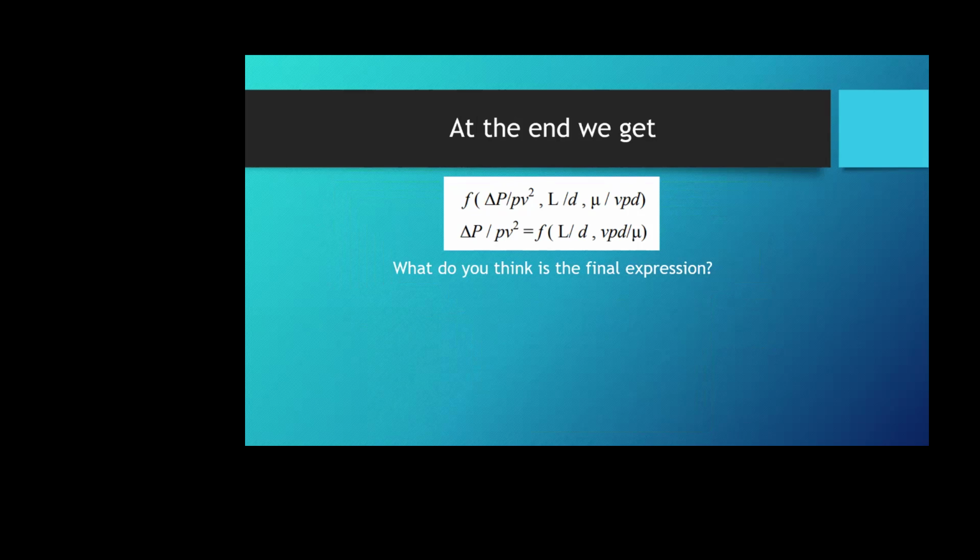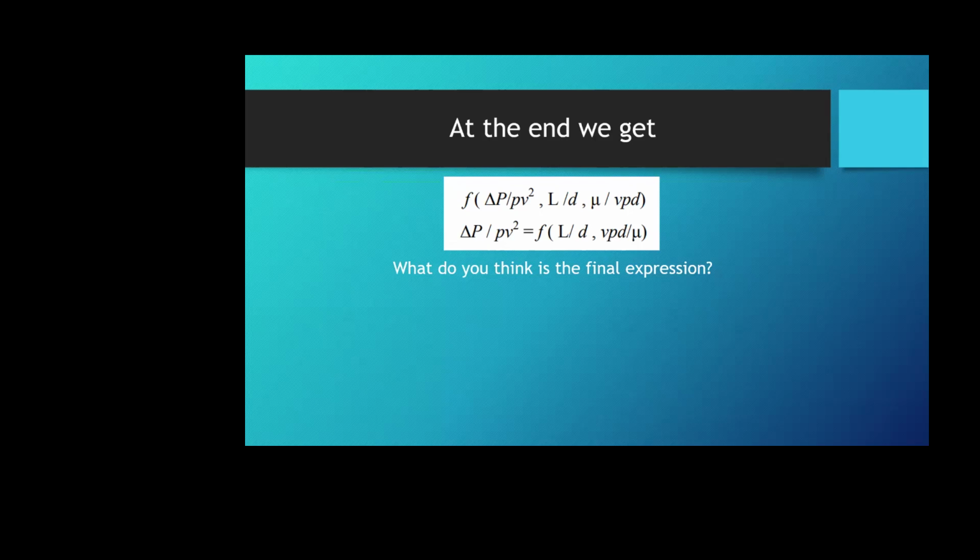So I know already at the end of my experiments that my expression, I will write here, delta P divided by rho V squared will be a function of L divided by D and rho V D divided by mu.